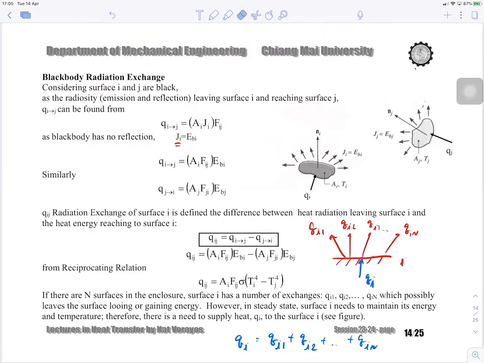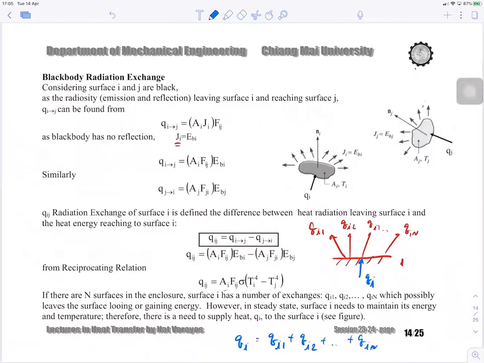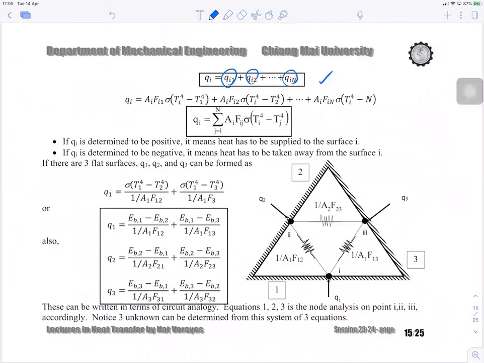So I will write equation 1 again: Qi equals Qi1 plus Qi2, and so on until QiN. And how will you find each term? Well, you just saw it for the black body. You just substitute j with 1, j with 2, j with 3, and you're going to have all these terms up to surface N.